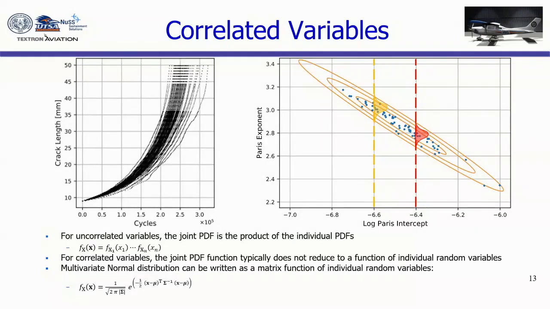So in order to simulate this kind of correlation, you would need to use a joint distribution for these two values. For uncorrelated variables, you can just make the joint PDF by multiplying the PDFs of the two variables together. But that doesn't work when they're correlated. Generally, if the variables are correlated and not normally distributed, the PDF doesn't reduce to a function of the individual random variables.